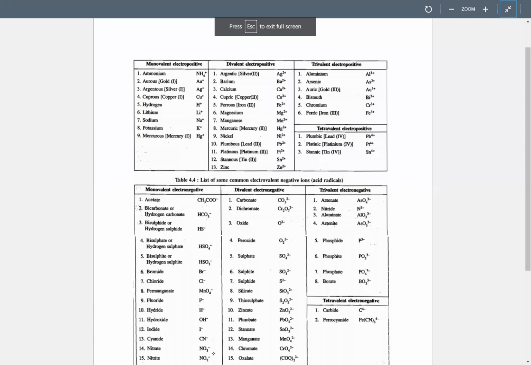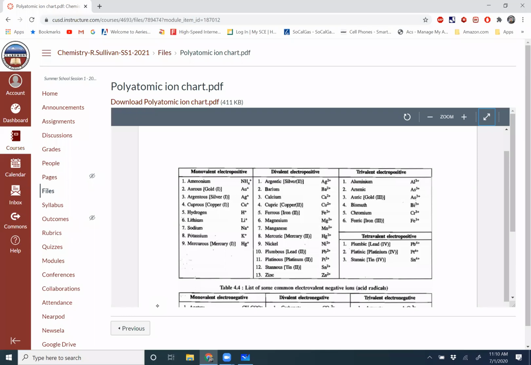You'll notice that some of these ions, like say for instance, ammonium here, and then we have acetate and sulfate and nitrate, all these things. You'll notice that there's more than one atom inside of the ion. And so sometimes you'll get something that looks like it should be simplified, but we just treat that polyatomic ion as one ion. So a great example of this is hydrogen.